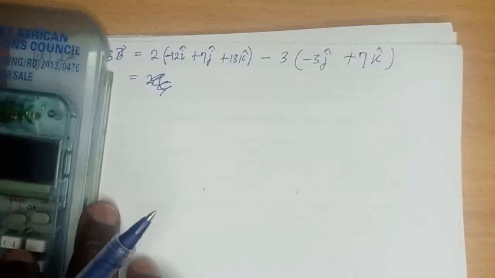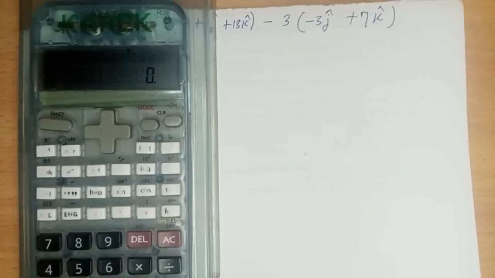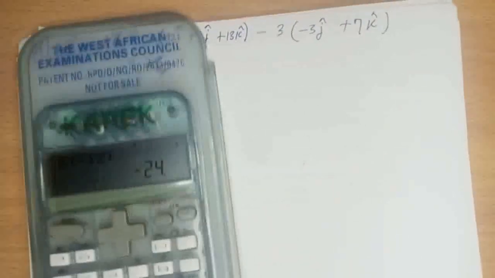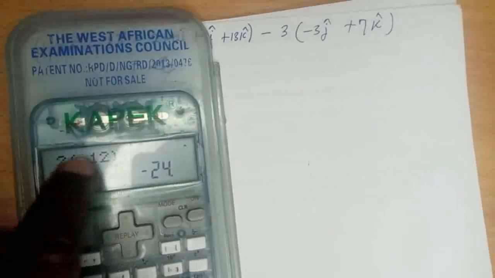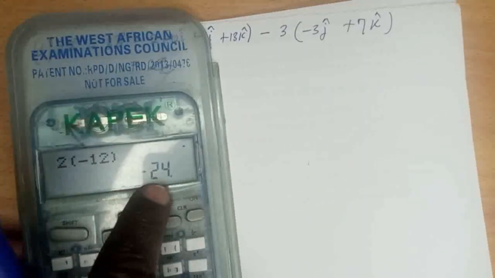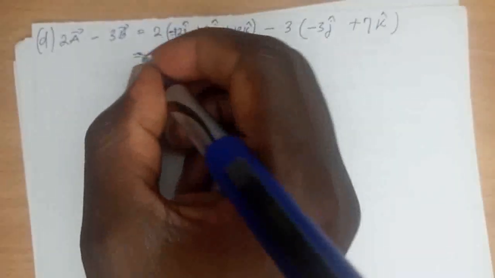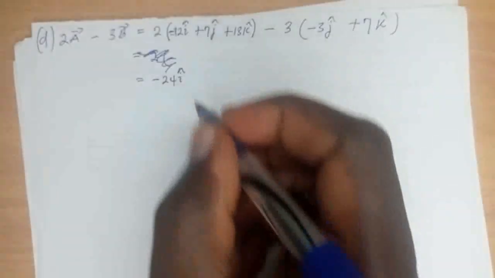In case it confuses you, press 2 here, then open bracket and press minus 12, close bracket, equality sign. This means 2 into negative 12, minus 24. So what you have here will come out as minus 24 I cap.